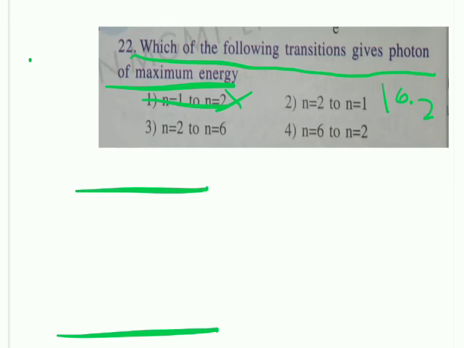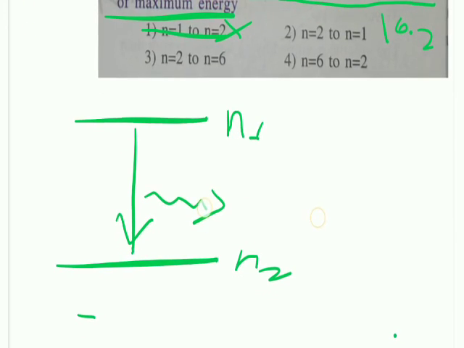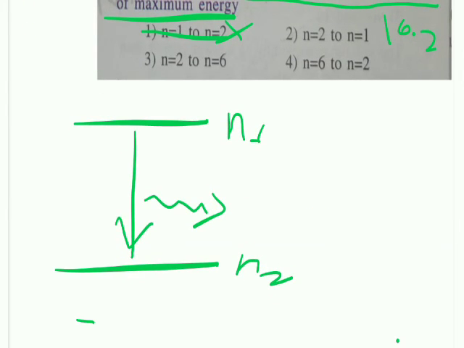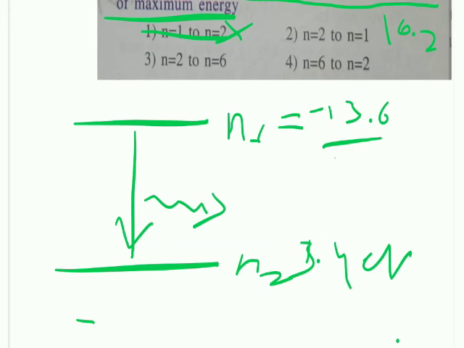So check the third option also. According to the third option, n2 to n6, where n2 is the lower level and this is n6. The n2 value is minus 3.4 electron volts, and the n6 value is minus 13.6 by 36, which is minus 0.37.